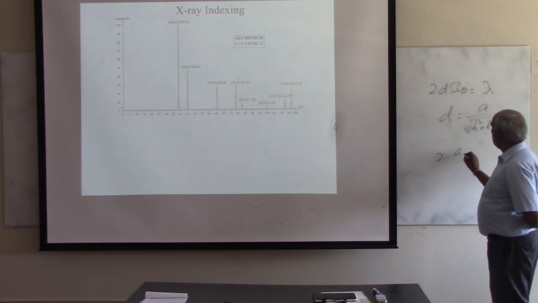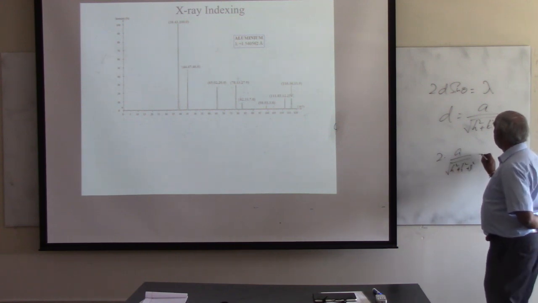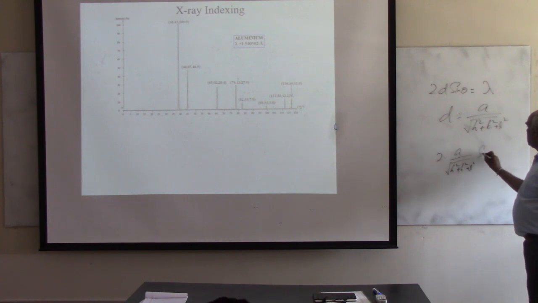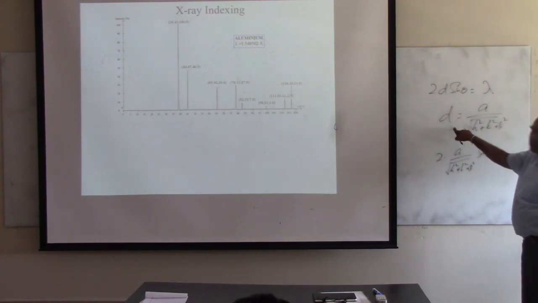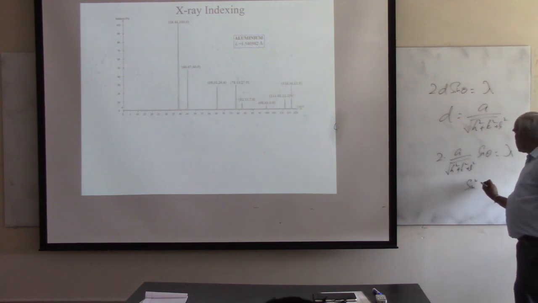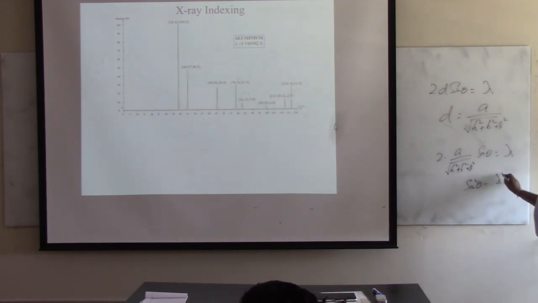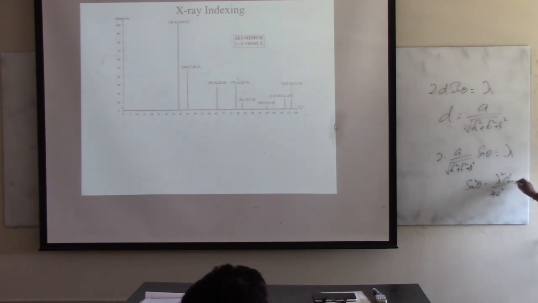2d is now a over square root of h squared plus k squared plus l squared, times sin theta equals lambda, where I just plug in d here. Now if I square both sides to get rid of the square root, what I get is sin squared theta equals lambda squared divided by 4a squared, times h squared plus k squared plus l squared.